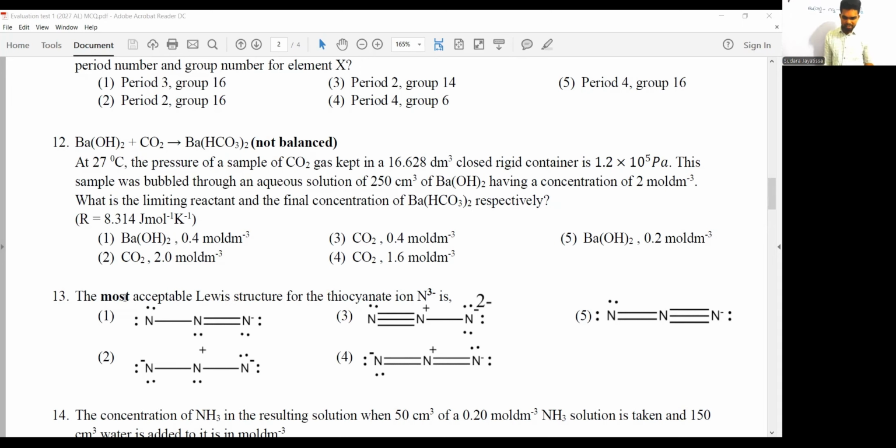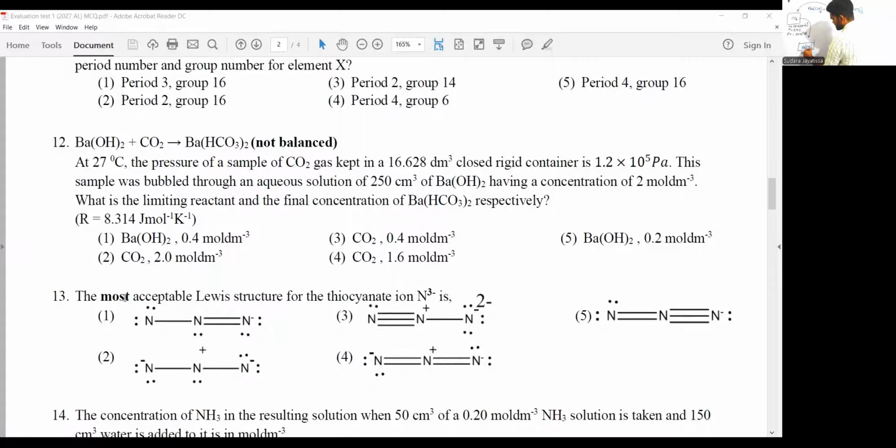At 27 degrees Celsius, the pressure of a carbon dioxide sample kept in a 16.628 closed rigid container is 1.2 times 10 to the power 5 pascals. We pass this carbon dioxide through 250 cubic centimeters of barium hydroxide solution.